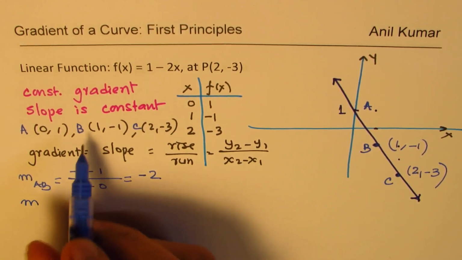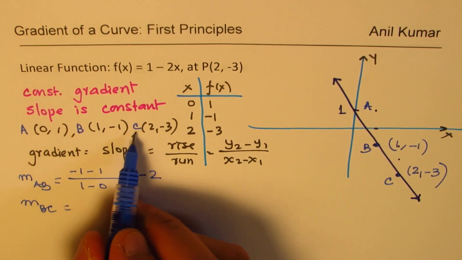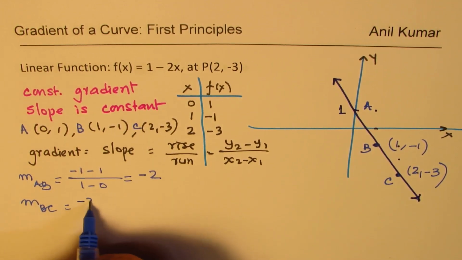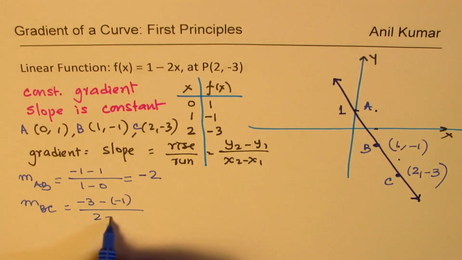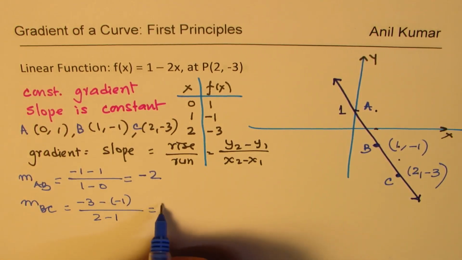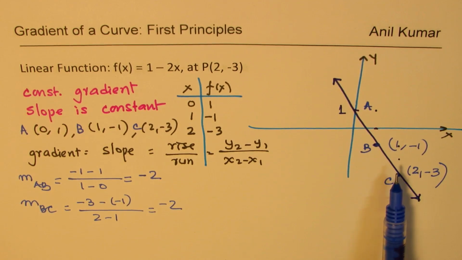Similarly, what is the slope between B and C? Well, this slope between B and C is difference in y values, which is minus 3 minus of minus 1, divided by 2 minus 1. Now that is again minus 2. So if we have a straight line, you will see that the gradient is always constant.